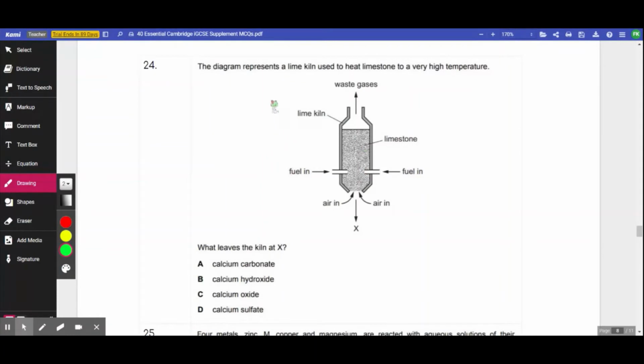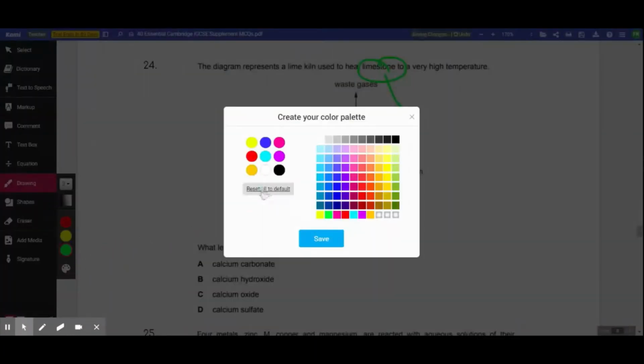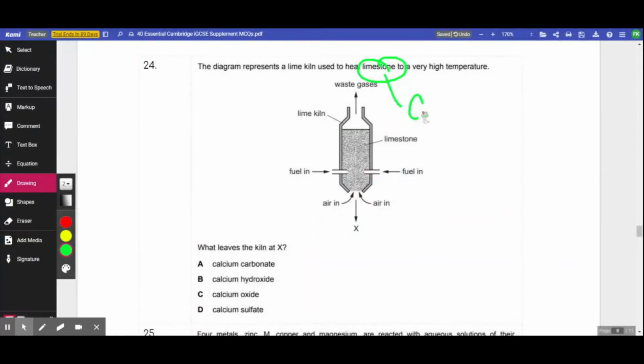And what you actually will get is the limestone. Limestone is calcium carbonate.